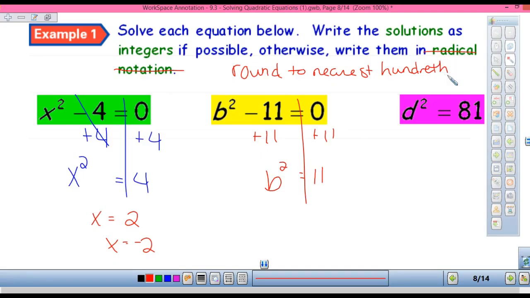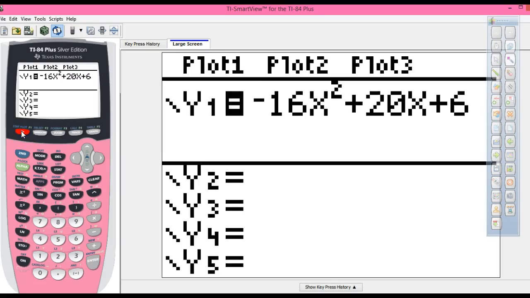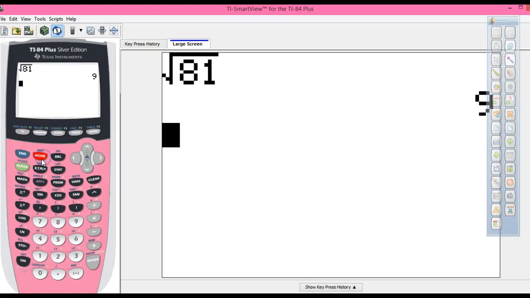So b equals, well, we're going to take the square root. Whoops, that's not square root. Square root of 11 equals.